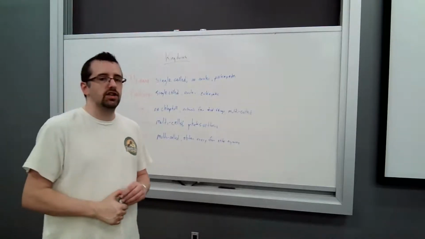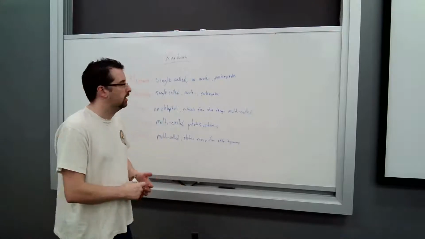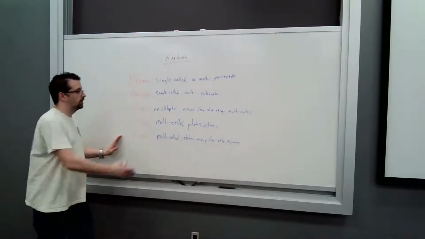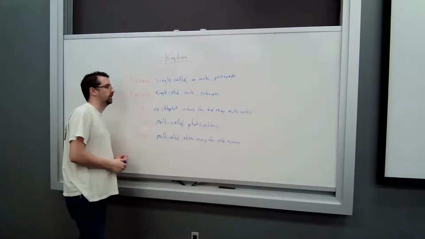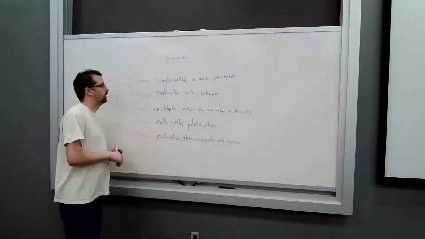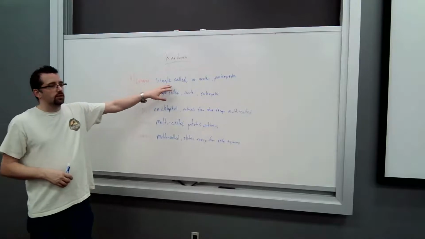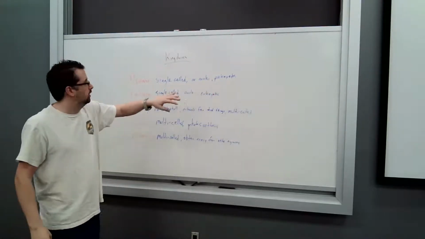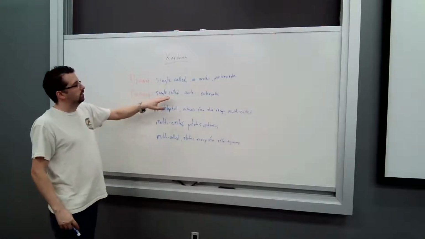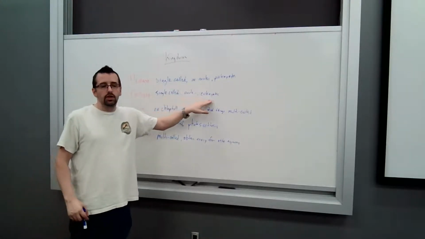This will be a matching section on the final, where I will give you the 5 kingdoms and a detail, or multiple details, and you will have to match them up. So, Monera: single-celled, no nuclei, prokaryotes. Protista: single-celled with nuclei, and they're eukaryotes.